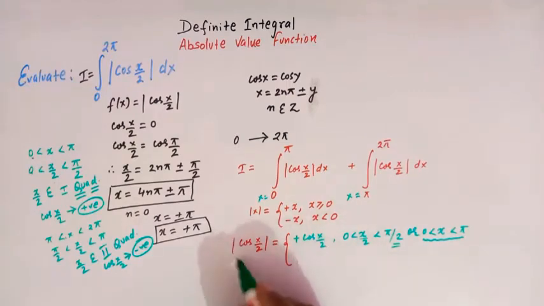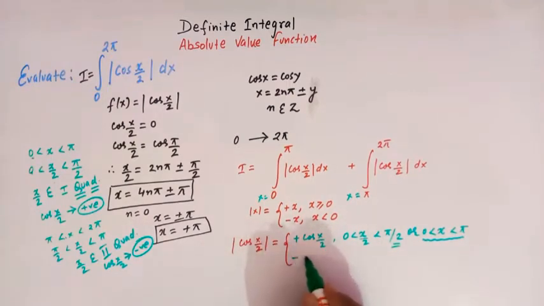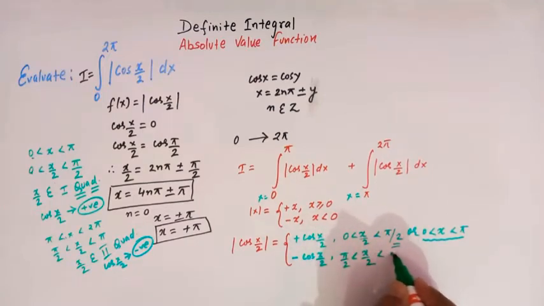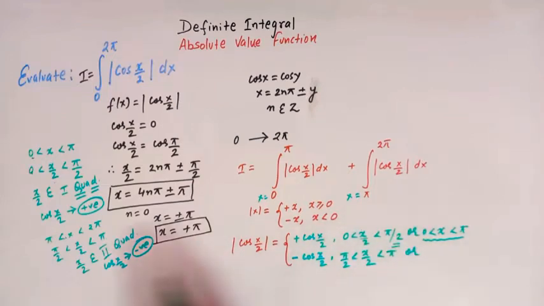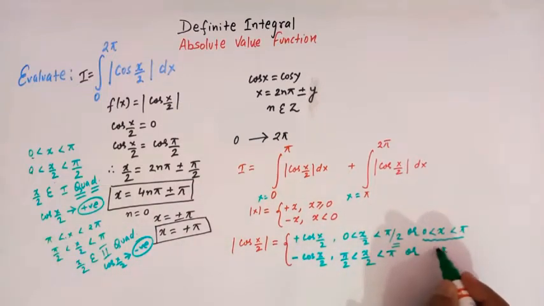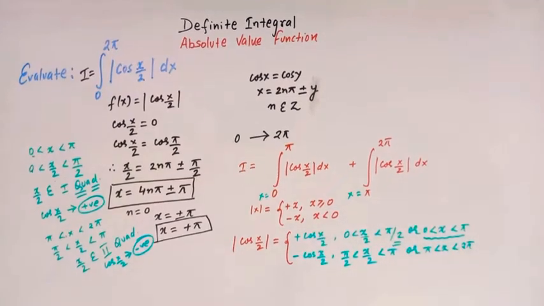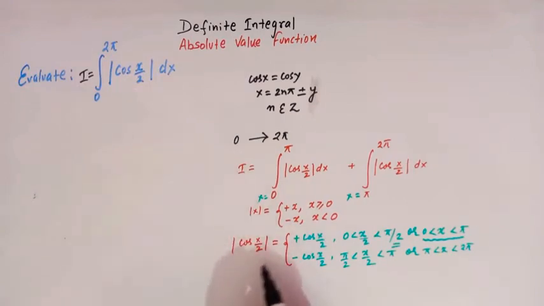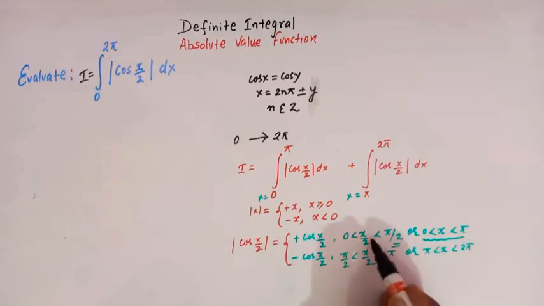So mod of cos x over 2 is negative cos x over 2 when x over 2 lies between pi by 2 and pi, or in other words we can say that x lies between pi and 2 pi, right?